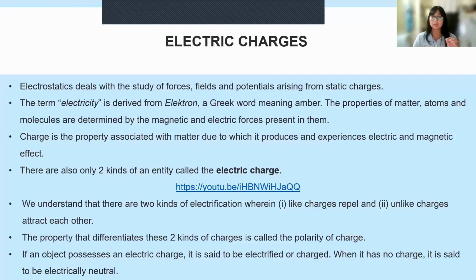Static denotes something that does not move or change with time. It is stationary, at one place itself. So electrostatics deals with studying electric charges which are not moving in nature.